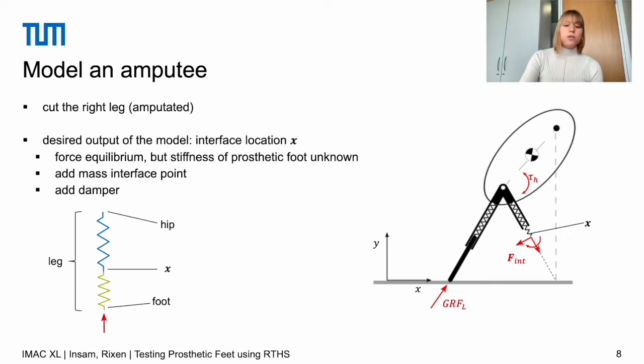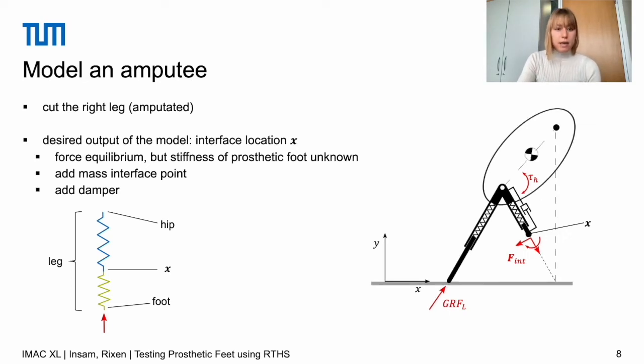So our idea was to implement a mass as an additional degree of freedom, which we can solve for. And this mass has a very small value such that the dynamics are only barely modified. And since this mass leads to a high frequency vibration, we need to damp the oscillation, and this is done by inserting an additional damper in parallel to the leg spring.